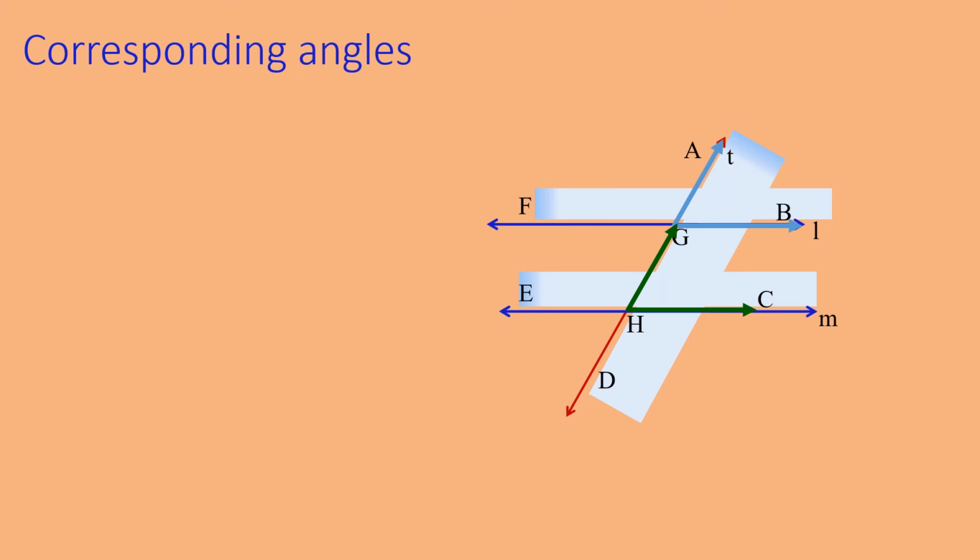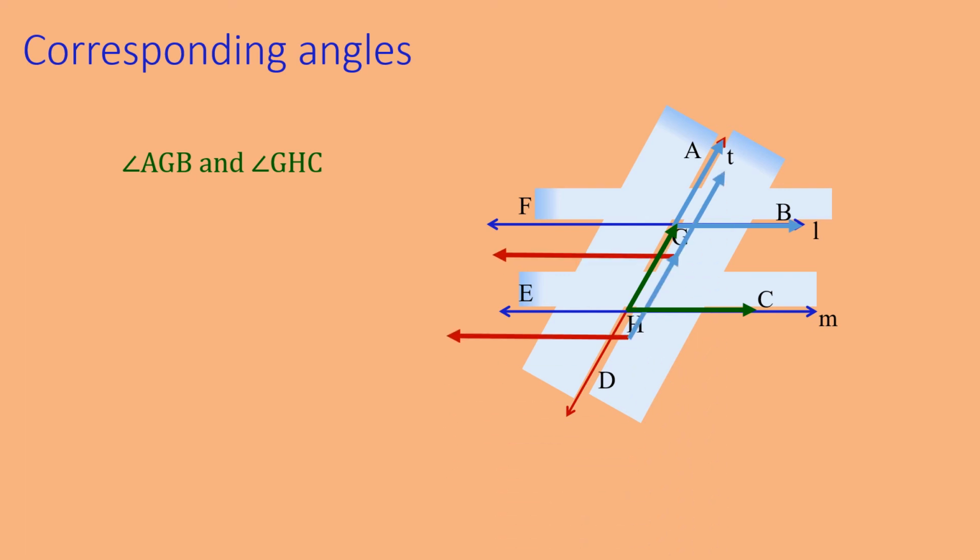Therefore, angle AGB and angle GHC are corresponding angles. Let us go for the other rectangular shade portion. On the left side of the transversal T, again we get the common part, and in the same way we get two angles. Have you noticed one more thing?